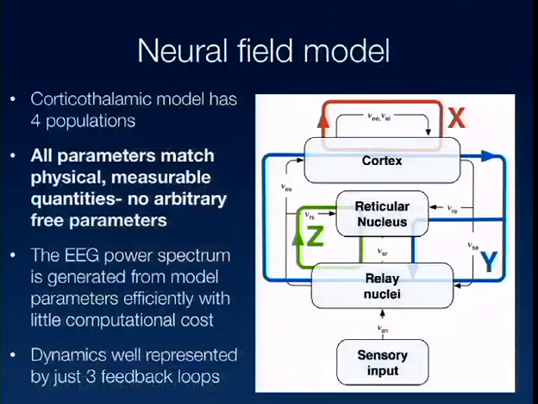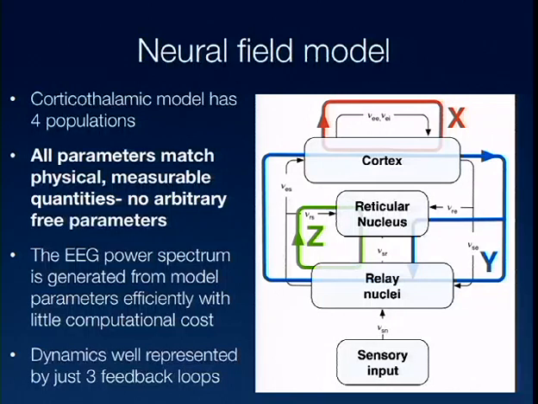The particular model that we're looking at here is a corticothalamic model with 4 neural populations. We have 2 in the cortex, a population of excitatory and inhibitory neurons, and then 2 populations of neurons in the thalamus.